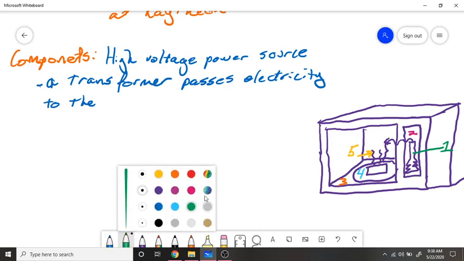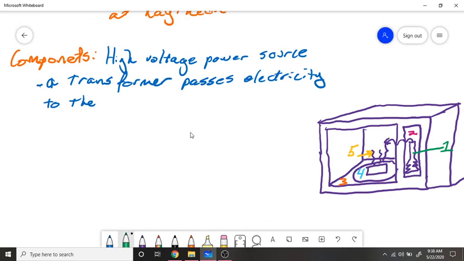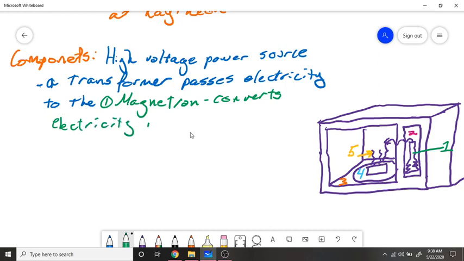And I'm writing them in the colors of their numbers. So the magnetron converts electricity into microwaves.